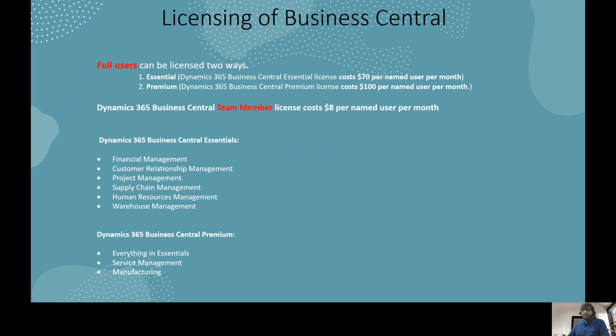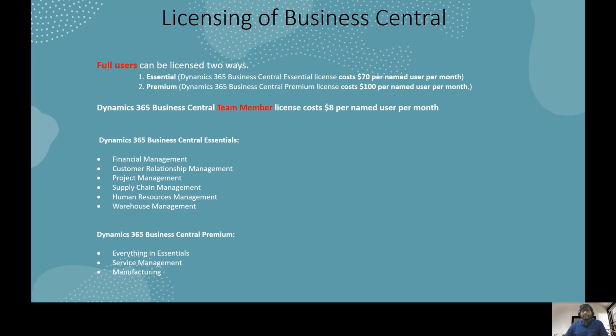So in full user there are two types, Essential and Premium. The Essentials license costs $70 per named user per month, and Premium is $100 per named user per month. But what is the difference between Essential and Premium?